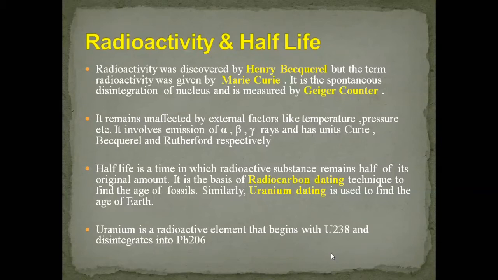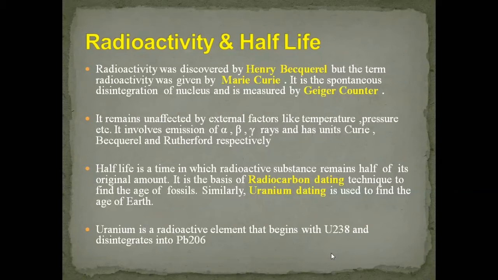Keep in mind that radioactivity remains unaffected by external factors like temperature and pressure. It involves the emission of alpha, beta, and gamma rays and has units Curie, Becquerel, and Rutherford respectively.